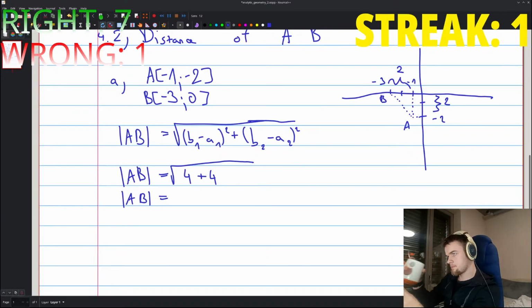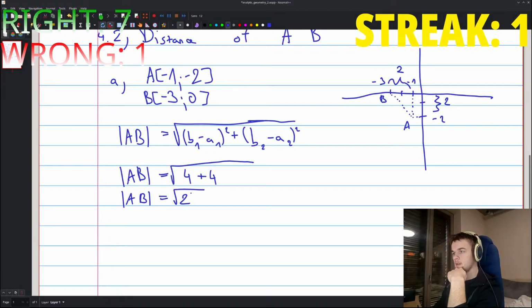Let me double check. -3 plus 1 is -2 squared, that's 4. 0 minus 2 is -2 squared, once again 4. 4 plus 4 is 8, which is square root of 2 to the power of 3, also known as 2 to the power of 3 halves.